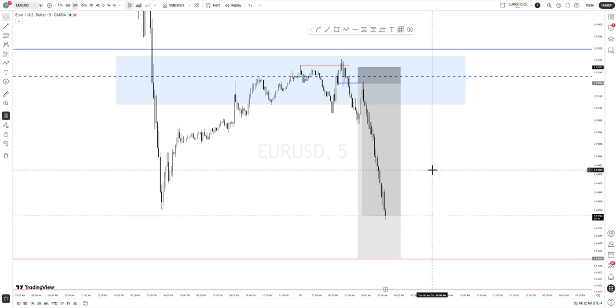The bias was based on the price movement from the higher time frame. Of course, there is no way you can trade and get the bias right if you don't look at the higher time frame. There is no way you can do that.